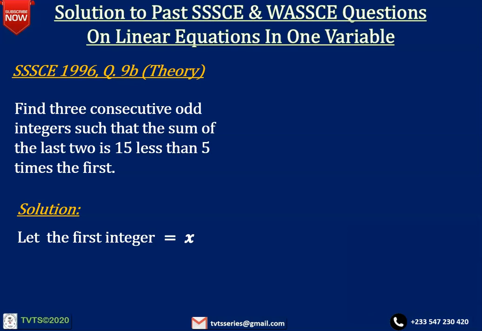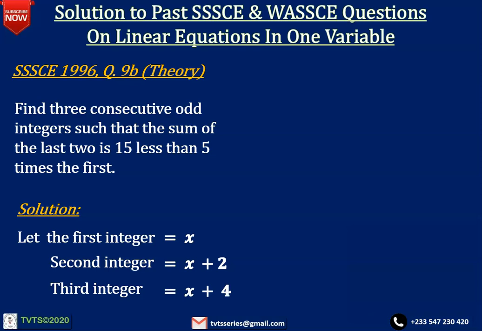And as you are aware, the difference between any 2 consecutive odd integers is 2. Therefore, if the first odd integer is x, then the second odd integer would be x plus 2. And the third odd integer would be x plus 2 plus 2, which is x plus 4.